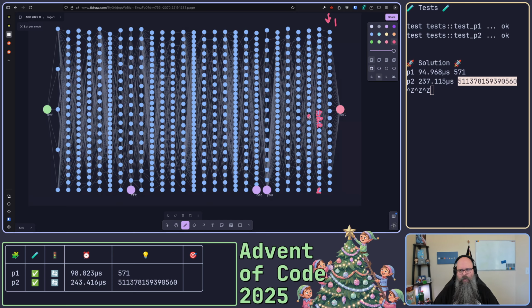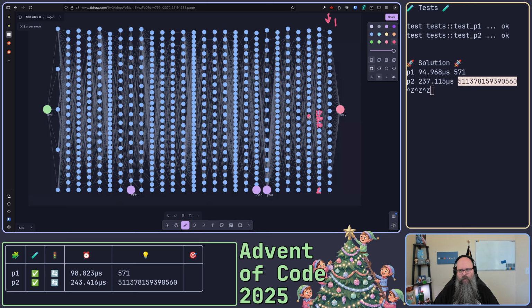Right? So let's say that this returns 50 and this returns 10 and this returns 10. We know there are 10 paths from DAC to out, FFT to DAC, and SVR to FFT, right? So then the question is, now we know the paths from each of those, how do we know the paths from the beginning to the end? Well, it's just the product. Like we had talked about before, if there are 10 to here and then 10 to here, then from here to here is going to be 10 times 10.